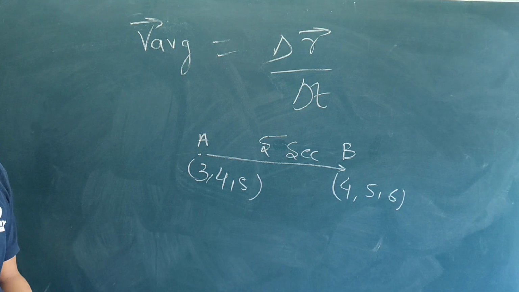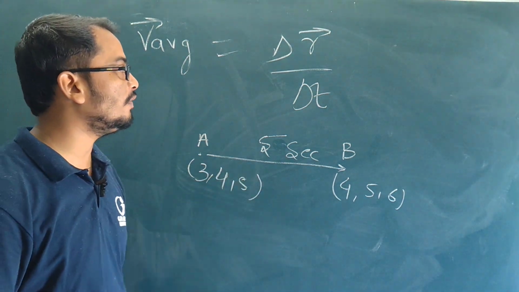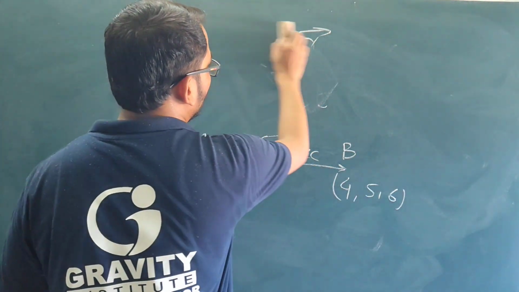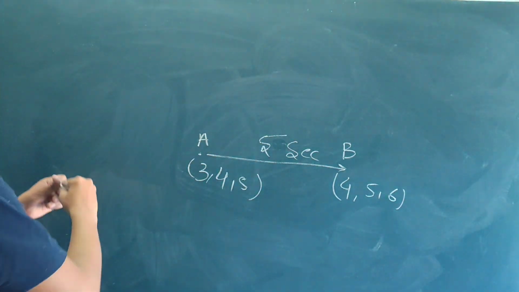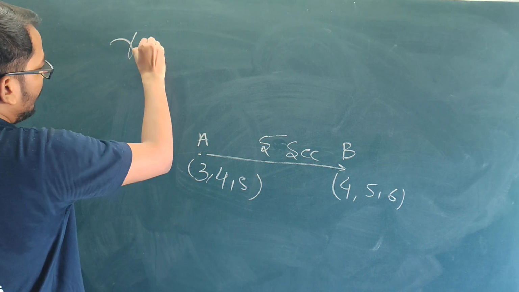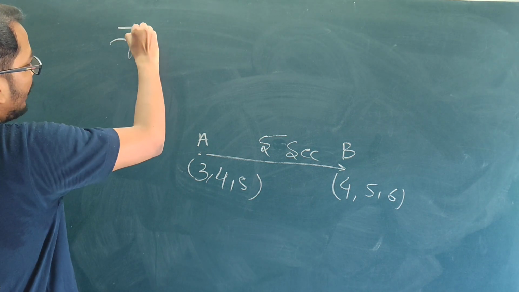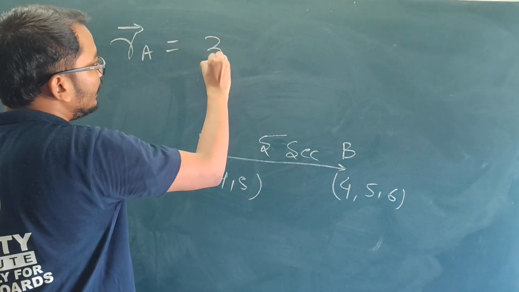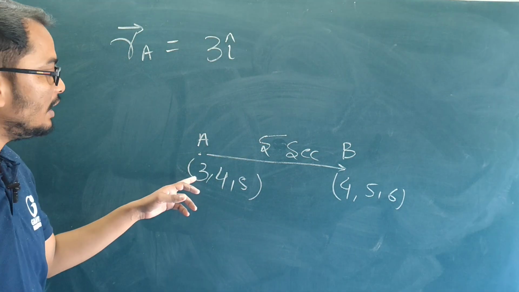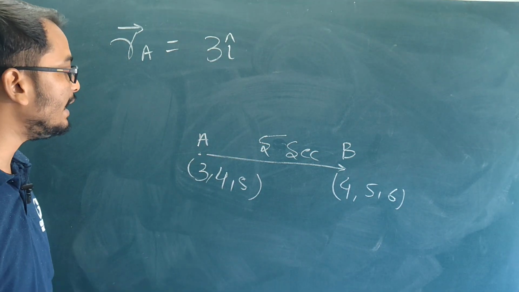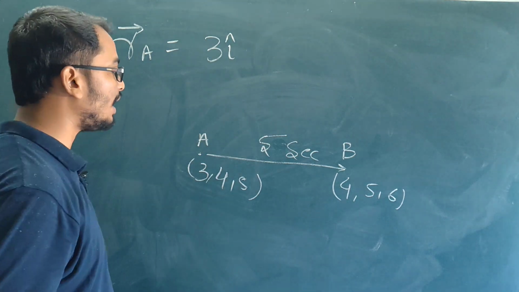First we have to write these positions in vector form. R initial, meaning R at A, will be 3î, because this is the displacement in the x-axis direction, so we put the unit vector î.